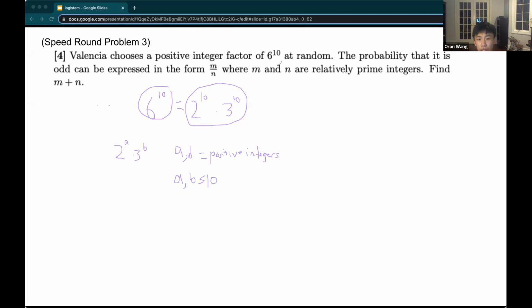And so if this factor is odd, that means it has no factors of 2. That means that a has to be 0.